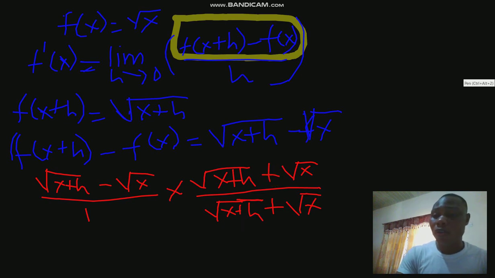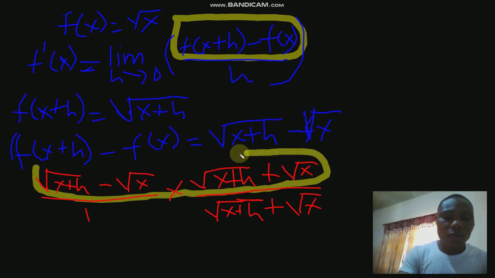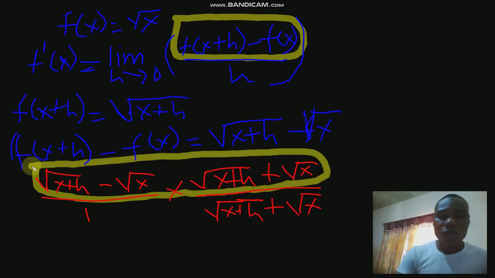If I consider the top here again, you see that it's just the difference of two squares.